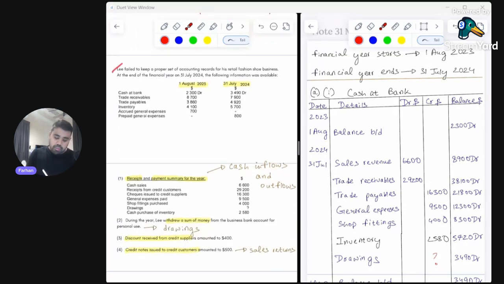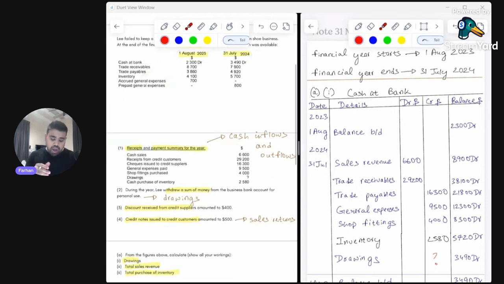Lee failed to keep a proper set of accounting records for his retail fashion shoe business. At the end of the financial year on 31 July 2024, the following information was available. So here you can see we are given some opening and closing balances at 1 August 2023 and 31 July 2024 for cash at bank, trade receivables, trade payables, inventory, and accrued and prepaid general expenses.